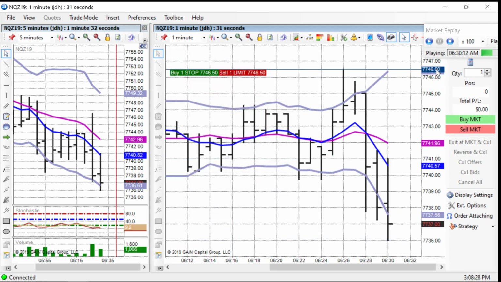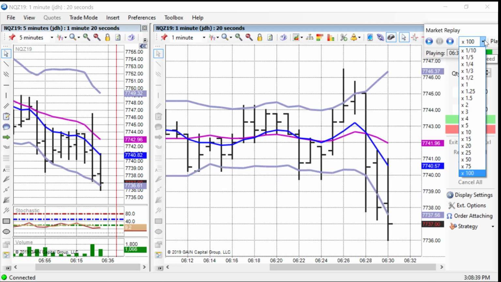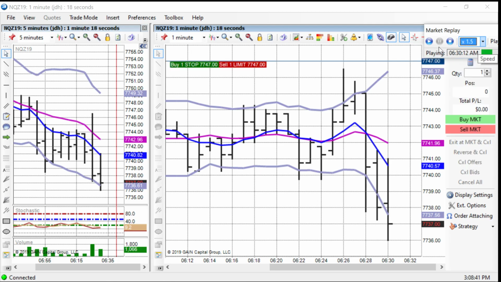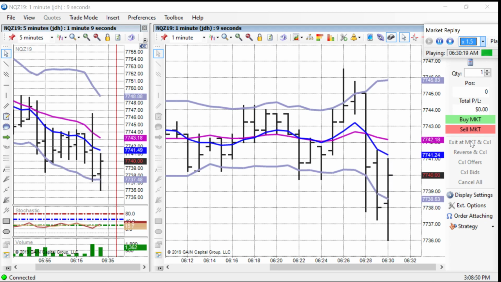So I'll just go ahead and start the market replay program. I'm already into the first minute here, and let me set the playback speed to 1.5. So as always, the first thing I'm looking for is a fractal or a crossover, and by fractal I mean a hook type formation.